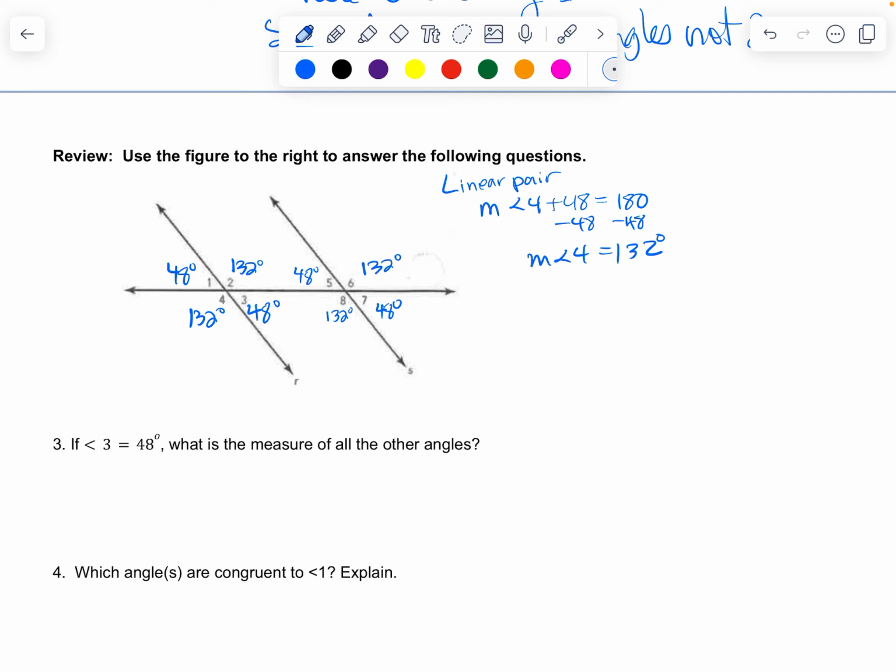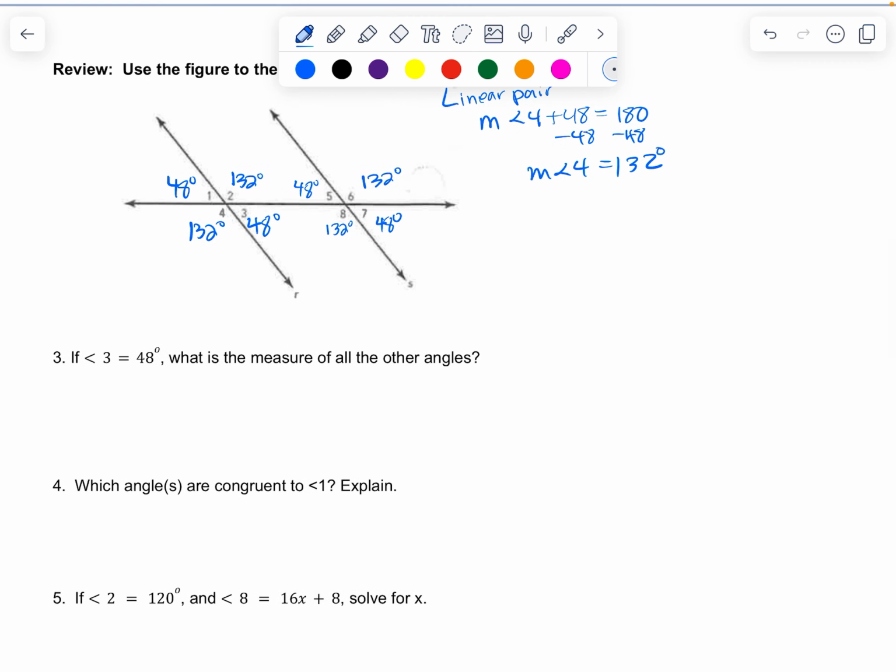Which angle or angles are congruent to angle 1? So angle 1 is right here. We want to know the congruent. So angle 1 is congruent to angle 3 because of vertical angles.